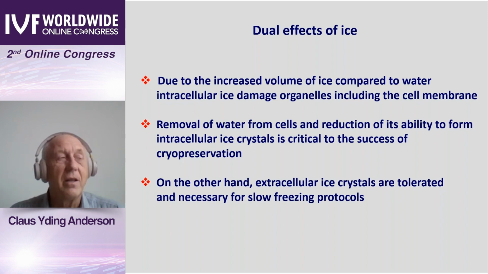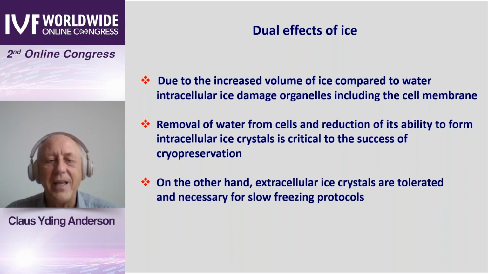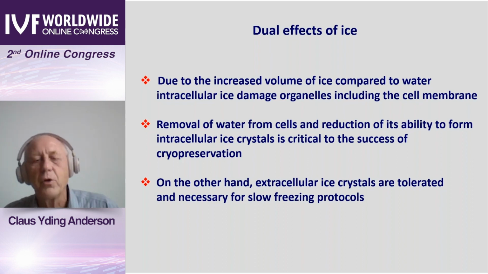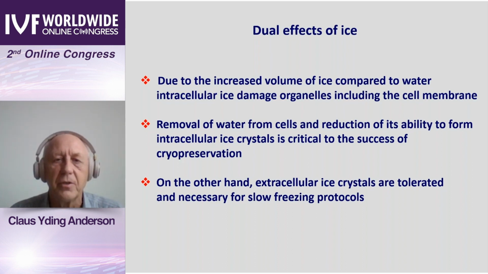On the other hand, it is also extremely important that we have ice crystals outside of the cell, because when ice forms crystals, it reduces the activity of water, and thereby it draws water further out of the cells. So there is a dual effect of ice. No ice crystals inside the cell. We want them outside in order for water to be drawn out from the cells.